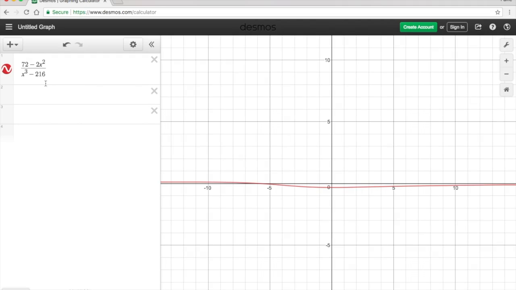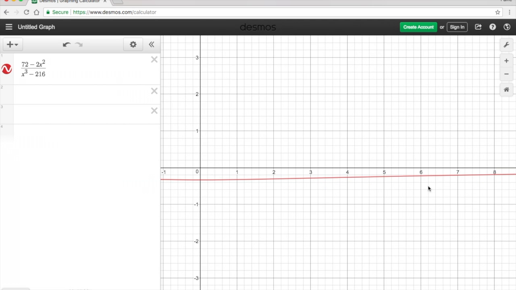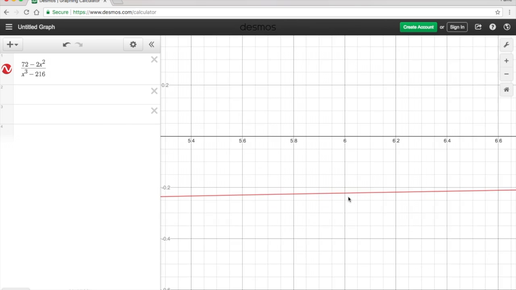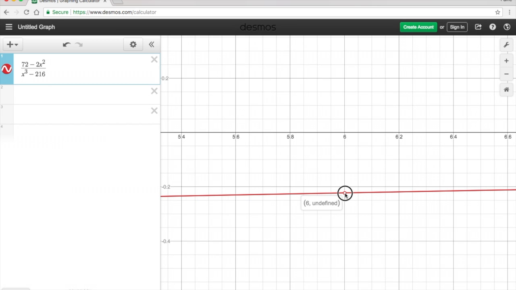So this is a function that the problem gave us, and its graph looks something like this. And as you can see, whenever the x is 6, the y is undefined because this is a case of a hole, but whenever it approaches that point from the right, the y is -0.22, and from the left, it is also -0.22.